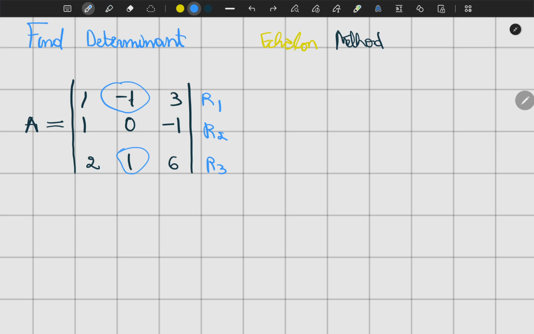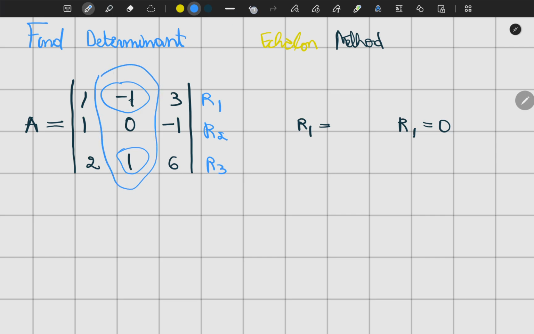So we're going to write this equation. This is R1, and we need R1 to equal 0. Since we're working with R1, I'm going to put R1 there, and then how can we make R1 0?